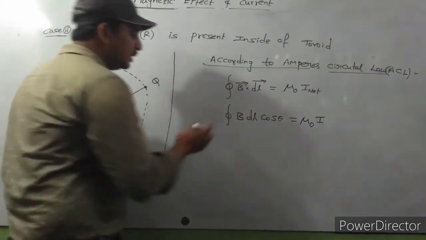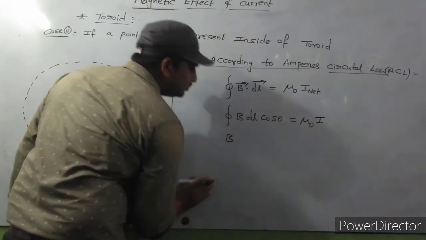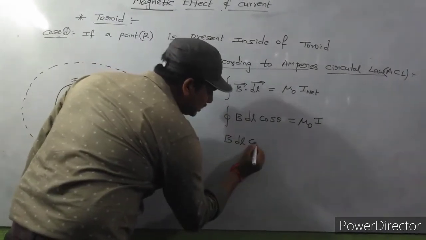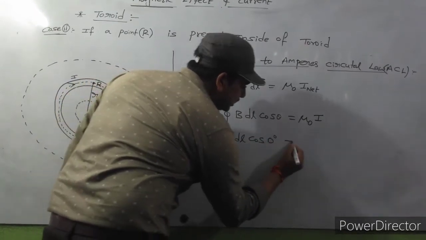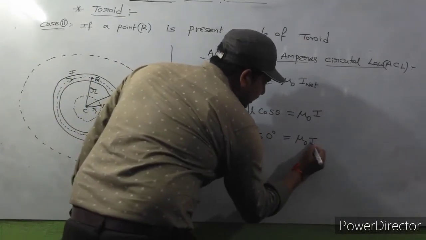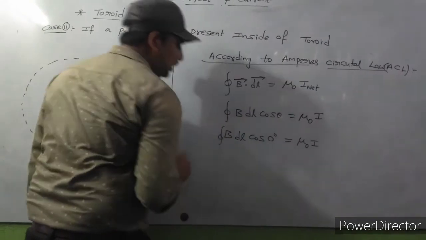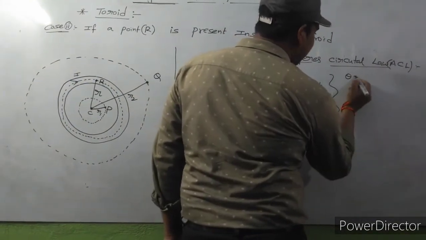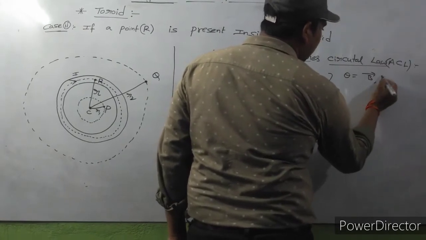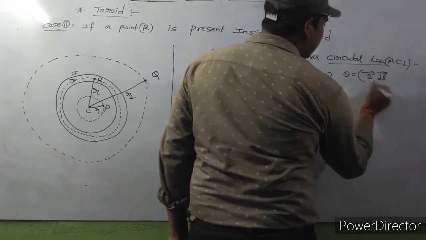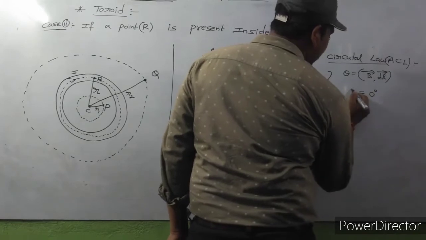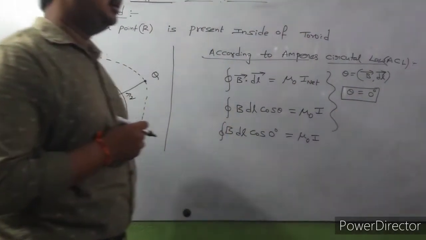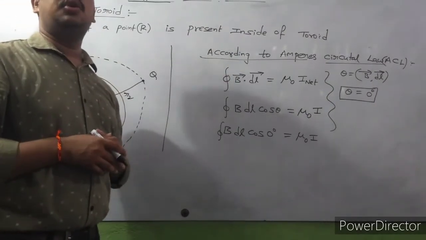Next, B is constant, and here in B dl cos theta, theta is the angle between B bar and dl bar. That angle is equal to 0 degrees.